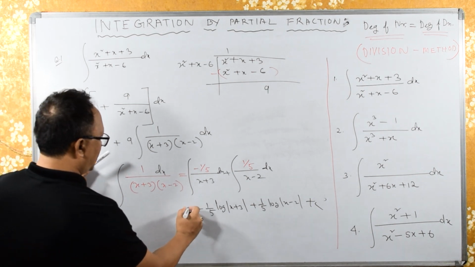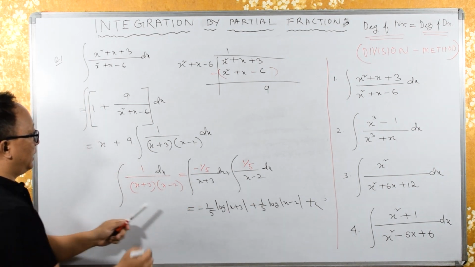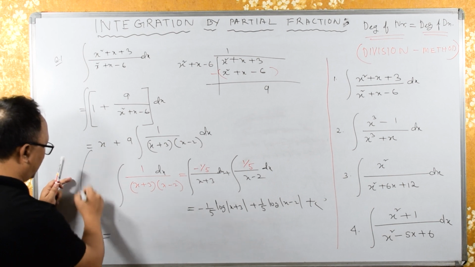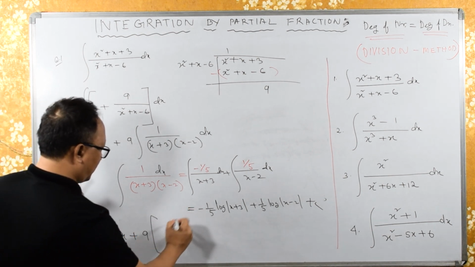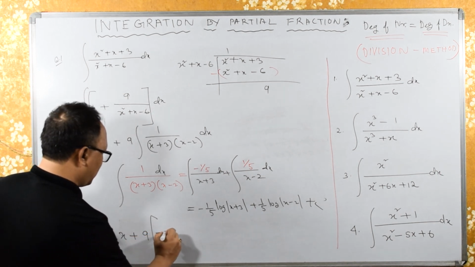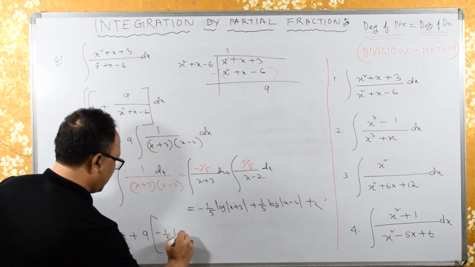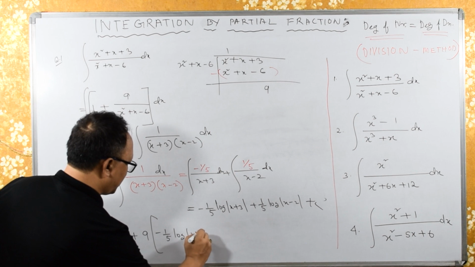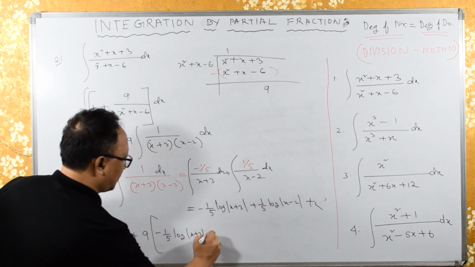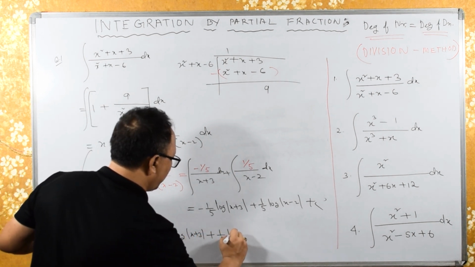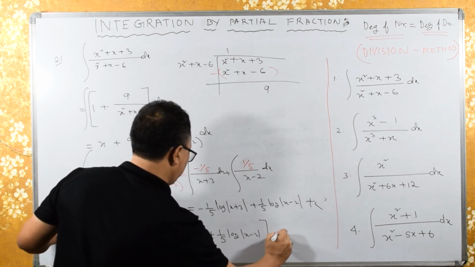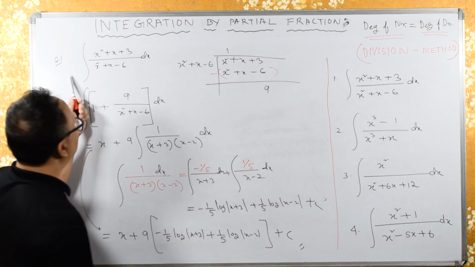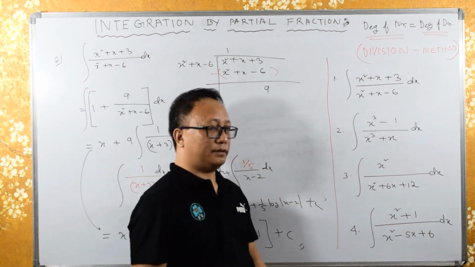And this term, therefore, x plus 9 into the whole of this: 9 into minus 1 by 5 log of x plus 3 plus 1 by 5 log of x minus 2, plus c is the required answer for question number 1.